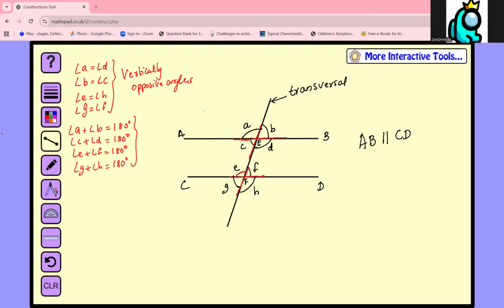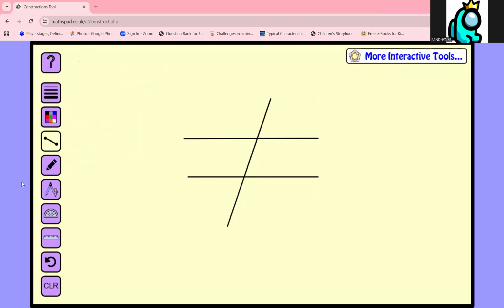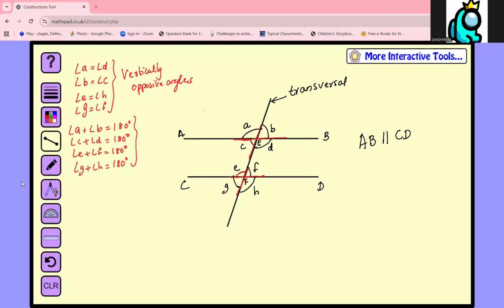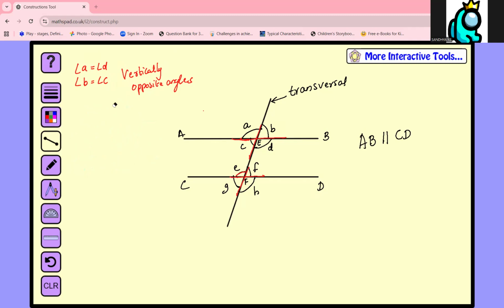Now we can have some other properties also. So what other properties can we tell? When there are parallel lines, we can see this angle formed, angle A, which is on the top of this line.